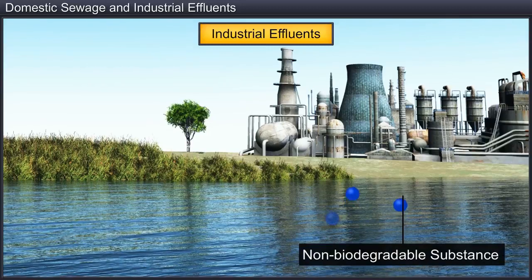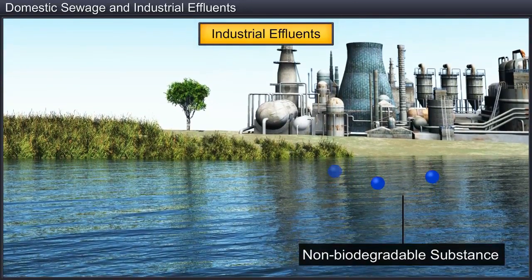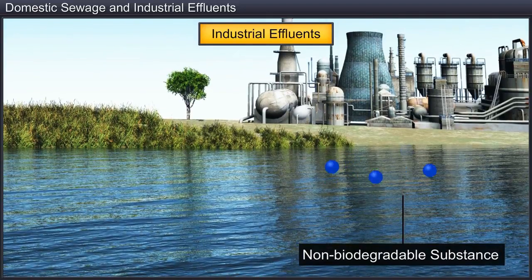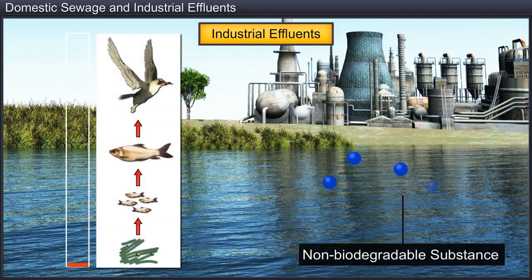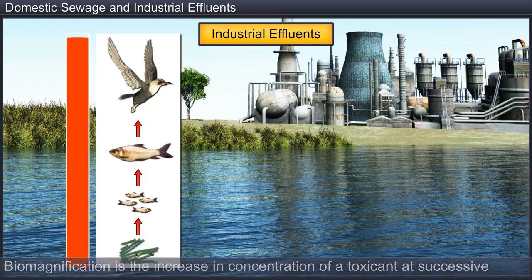Toxic substances such as mercury, cyanide, and DDT are not biodegradable and get incorporated into the food chain, causing biomagnification of the toxicant. Biomagnification is an increase in the concentration of a toxicant at successive trophic levels.